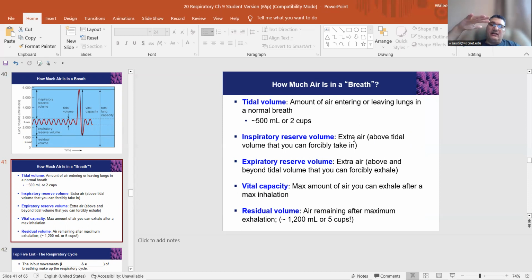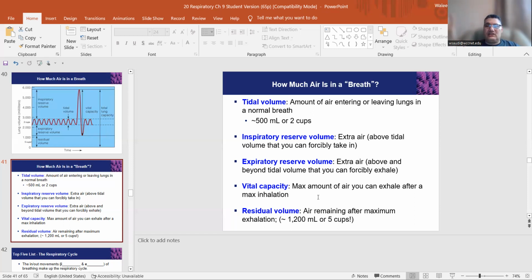Inspiratory reserve volume is the extra air that you can use when you inspire more, above the tidal volume. Expiratory reserve volume is a volume reserved for extra expiration, when you exhale forcibly. Vital capacity is from maximal inspiration to maximal exhalation.